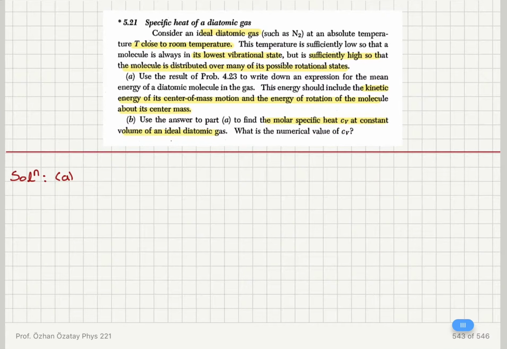So we have for this gas the energy levels given by ħ² j(j+1) over 2A for rotations.